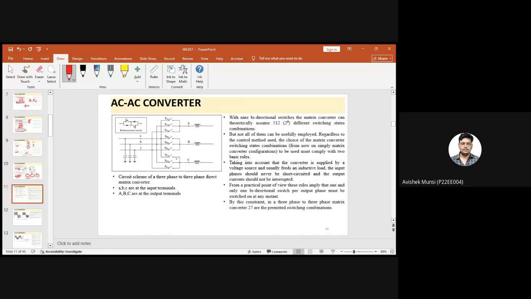So this is an example of a direct matrix converter. This is three phase. So here we have 9 bidirectional switches.